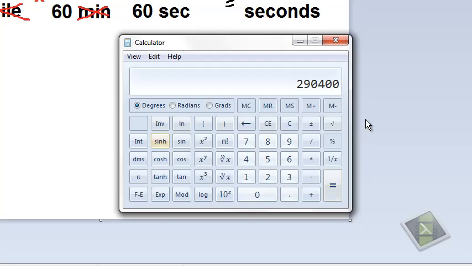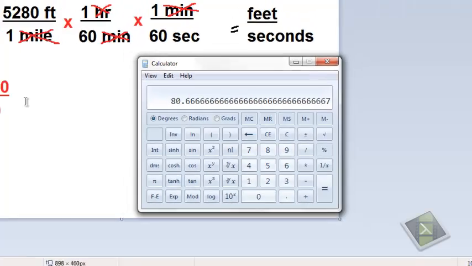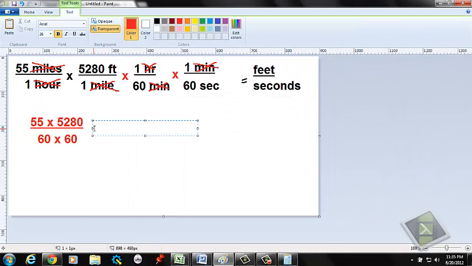Alright, so on top we have 290,400. On the bottom that is 3,600. So this we're going to round off a little bit because it's 80.6 repeating. About 80 point, we're going to round this up. 0.7 feet per second.